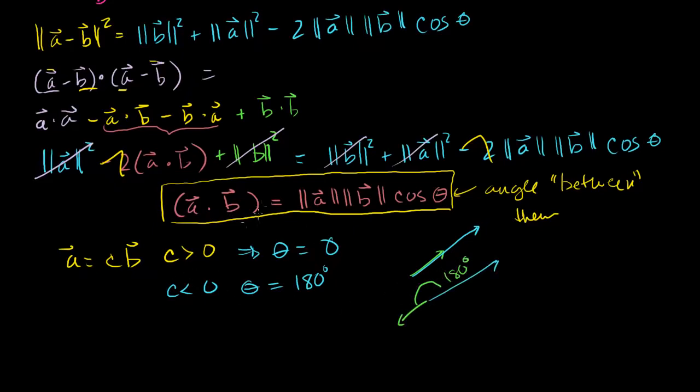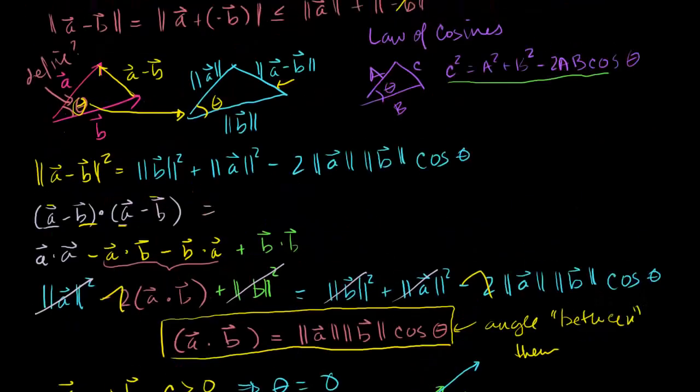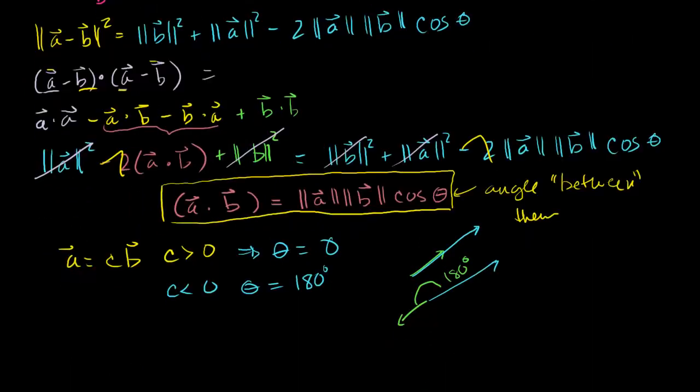But everything else is pretty well defined by the triangle example. I had to make the special case of these because it's not clear you really get a triangle in these cases, because then the triangle kind of disappears. It flattens out if a and b are on top of each other, or if they're going in the exact opposite direction. So that's why I wanted to make a little bit of a side note right there.